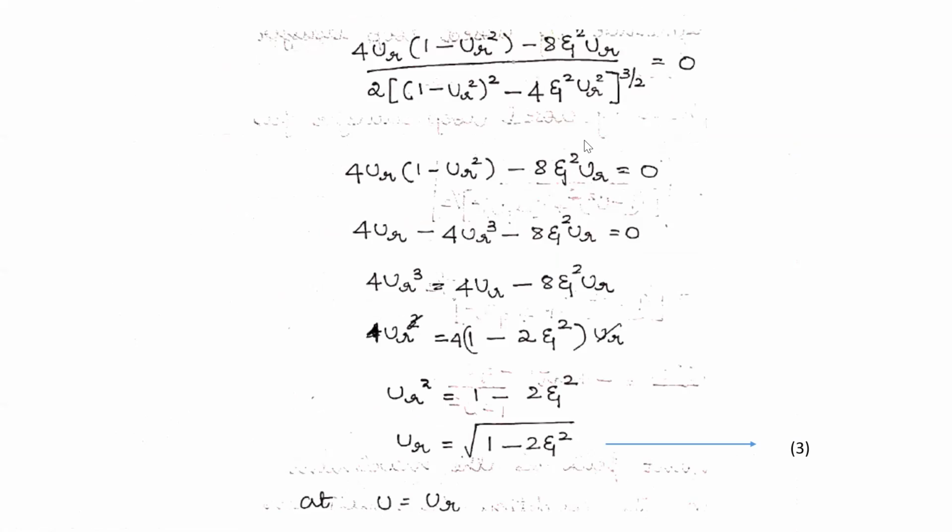At resonance, as we have studied in networks, the output will be maximum. So let that value be ur. Now wherever you have u, you can substitute it as ur. And finally, we derive ur is equal to root of 1 minus 2 zeta square.